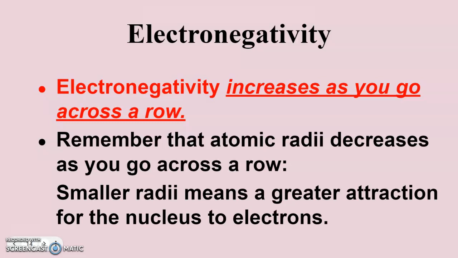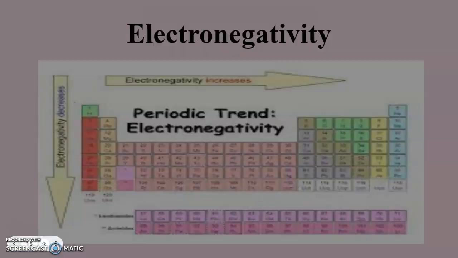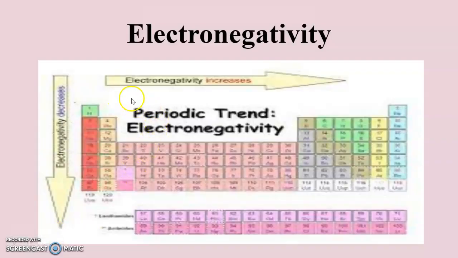They take electrons from other elements that have fewer valence electrons. So it makes sense that elements towards the right-hand side of the table are more likely to take those electrons. So it increases from left to right, and decreases from top to bottom.